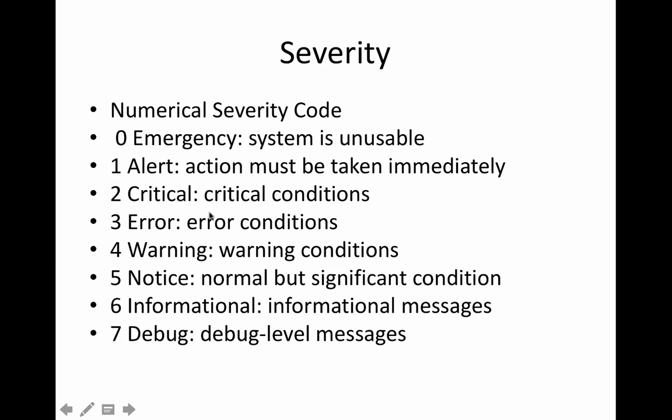So most firewall events are going to fall in the notice category of like, hey, just an FYI, we dropped this packet. Is that a critical thing to the firewall's operation?